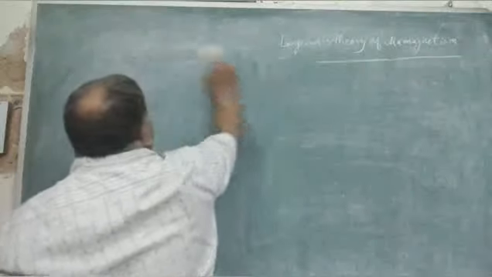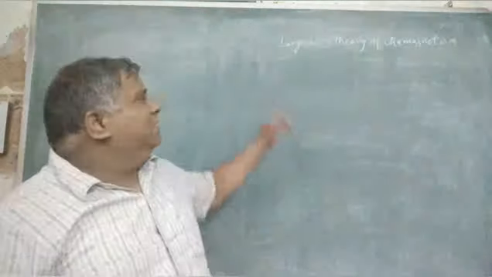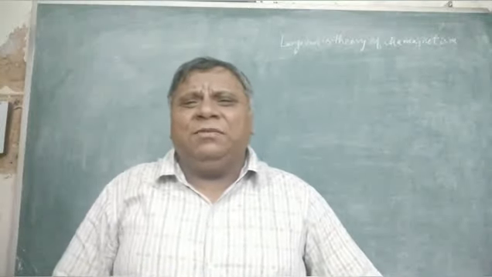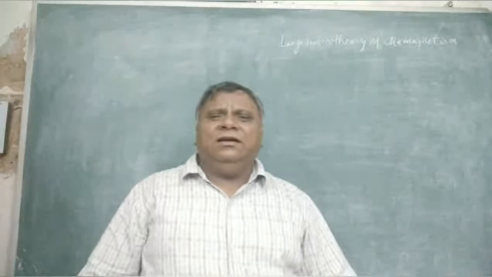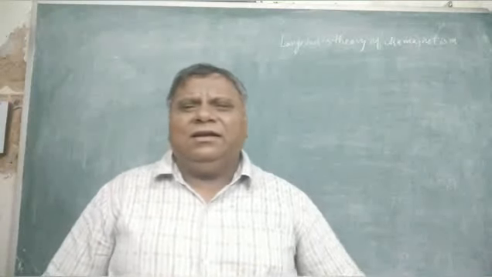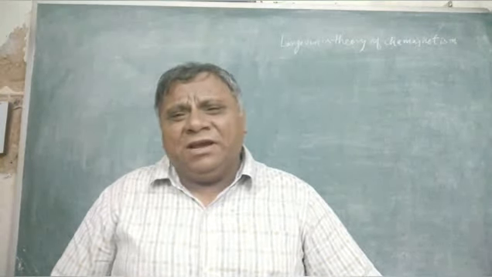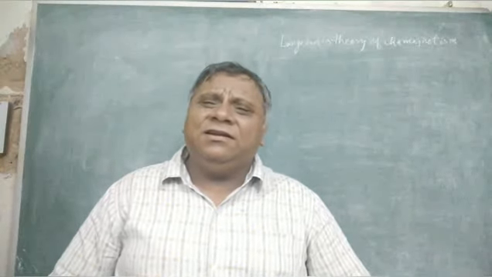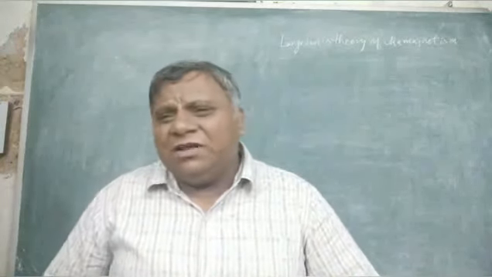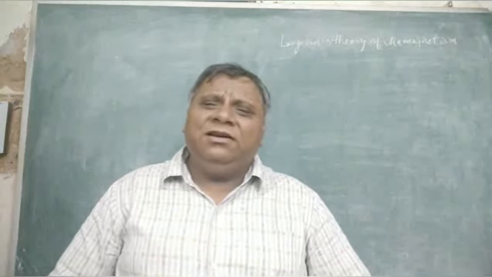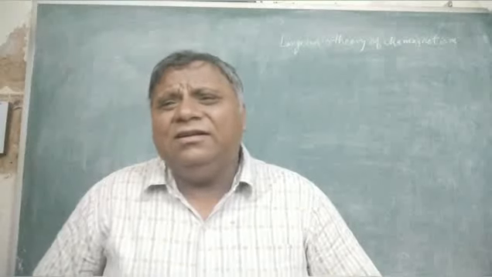Now, today I am going to discuss the classical theory of diamagnetism, which is also known as Langevin theory of diamagnetism, which is capable of giving an expression for susceptibility with negative sign, related with parameters like mass of the electron, average radius of orbit, magnetic moment of revolving electron, etc.